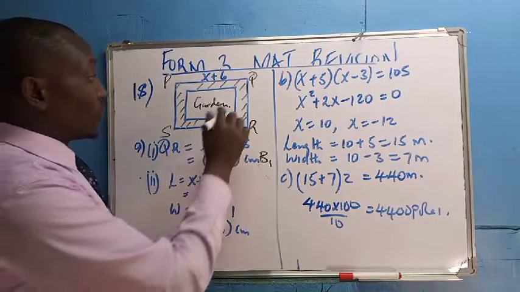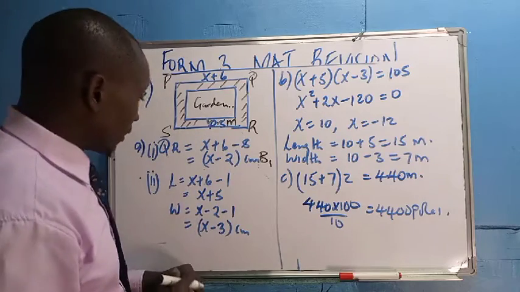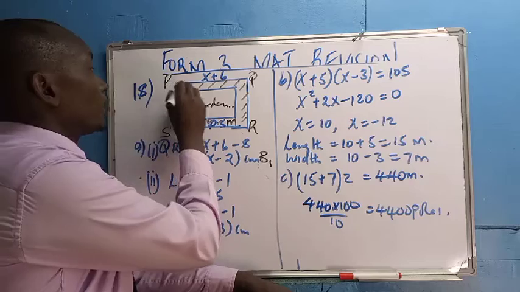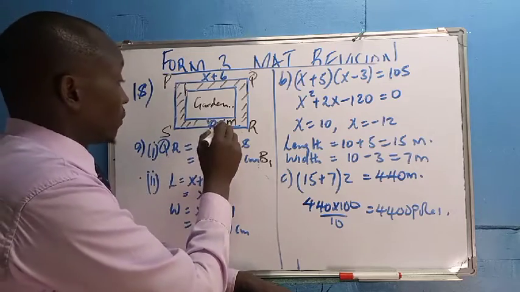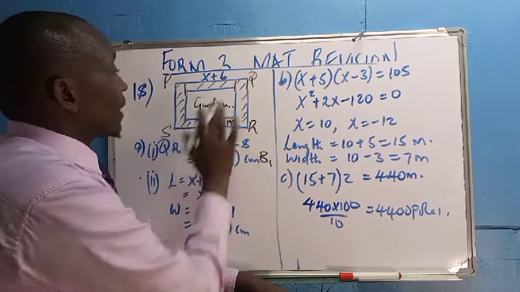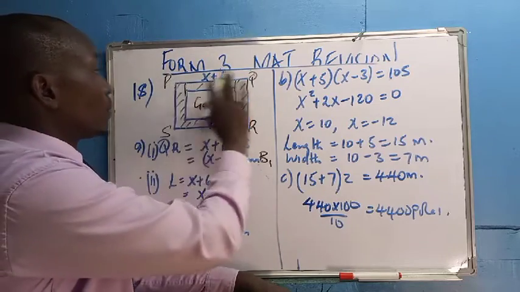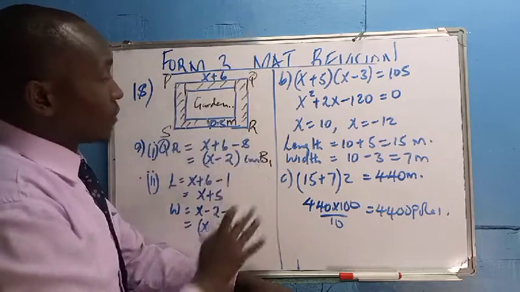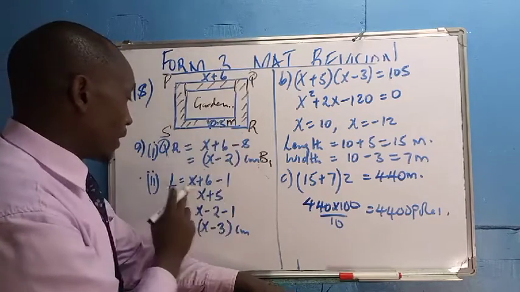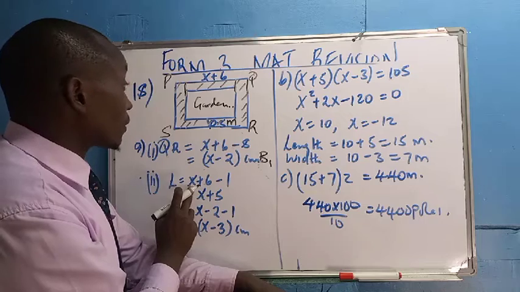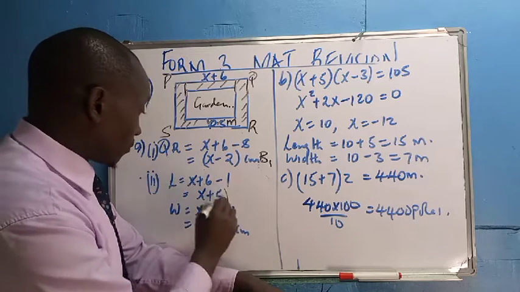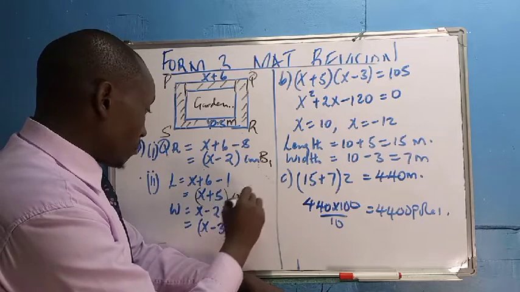Then the dimension of the garden. The garden is what is inside. Remember, from here to here it is 0.5. From here to here it's 0.5. So the length of the garden will be the length of the entire path minus 1. 0.5, 0.5. That is x plus 6 minus 1. You get this, in meters.